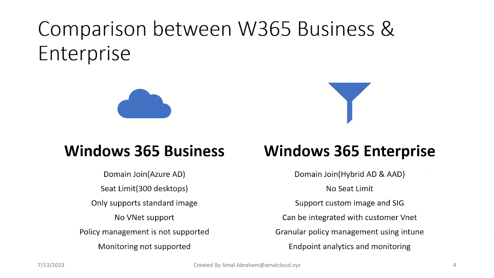But in the Enterprise world, even though your VM is hosted by Microsoft in their subscription, you can have your VNet or your IP address assigned from your corporate Azure subscription. So consider it similar to your AWS WorkSpaces, where your VM resides with the AWS subscription account, and your NIC resides with the customer account.